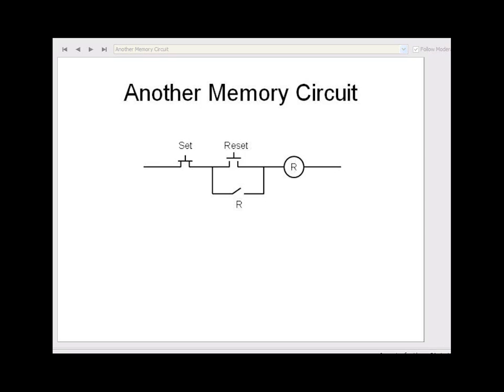Making memory circuits is relatively easy. What we can also do is replace these switches and relays. Now, I'm not an electronics person, I loathe electronics, but apparently you can replace switches and relays with transistors. So that would mean if we were to throw a few transistors at this thing, say 1, 2, 3, 4 transistors, we could make the transistor equivalent of this circuit.